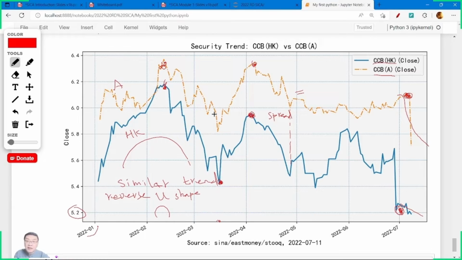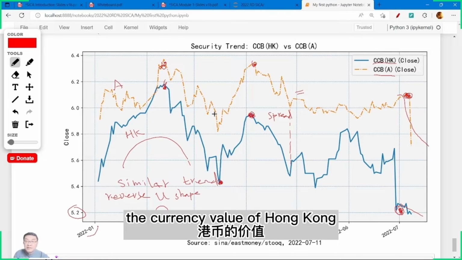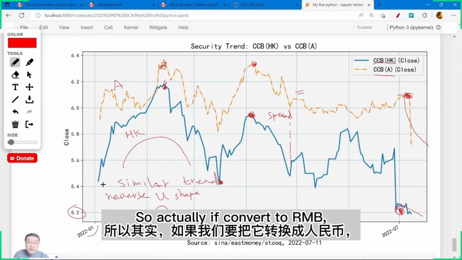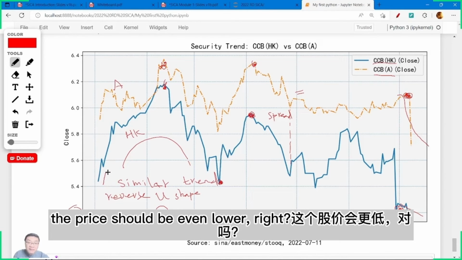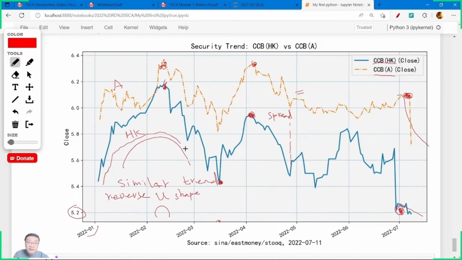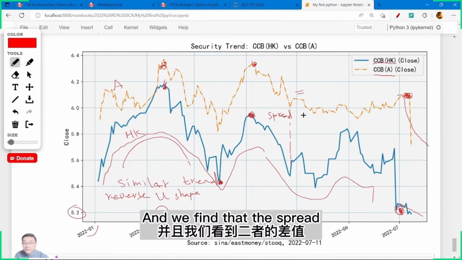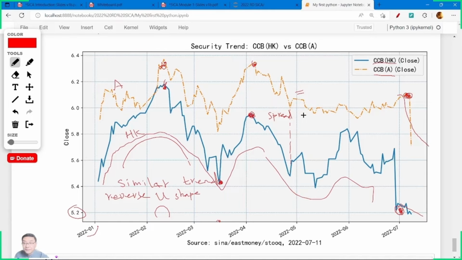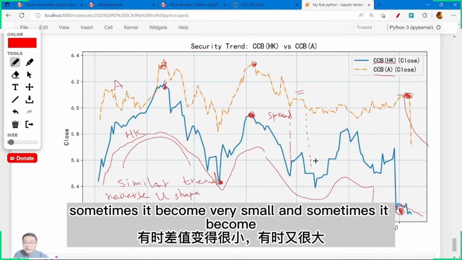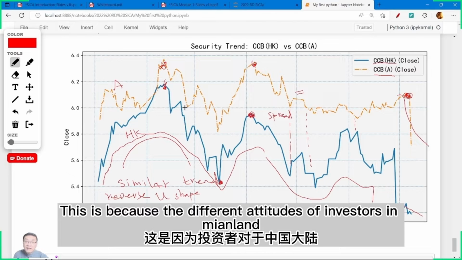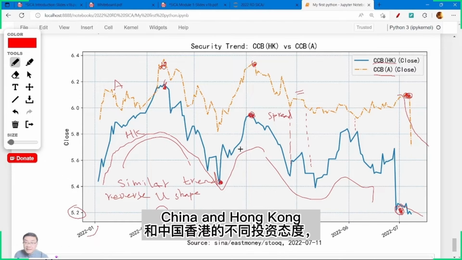Generally speaking, the currency value of the Hong Kong dollar is less than that of renminbi, so if converted to renminbi, the price should be even lower. And we find that the spread keeps changing. Sometimes it becomes very small and sometimes much larger. This is because of the different attitudes of investors in mainland China and Hong Kong.